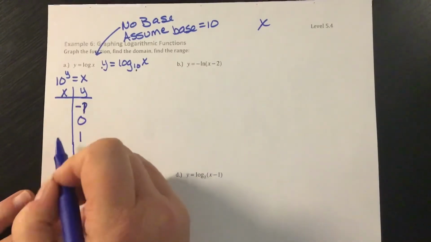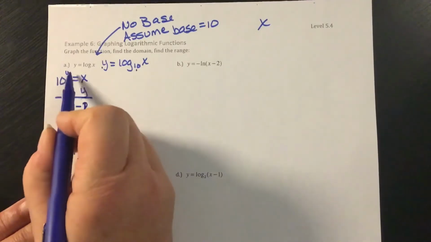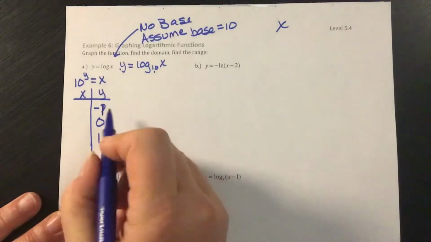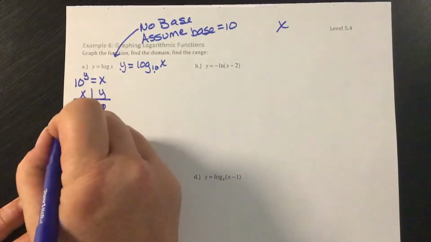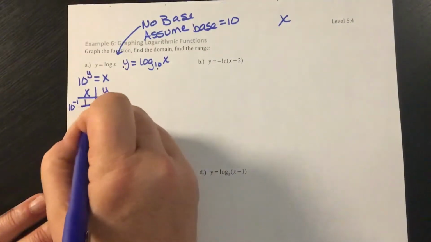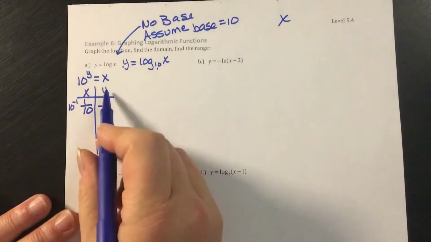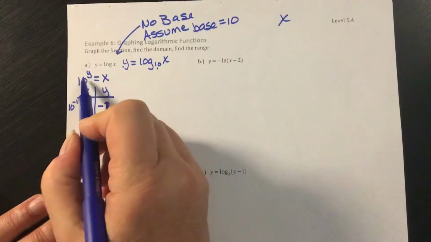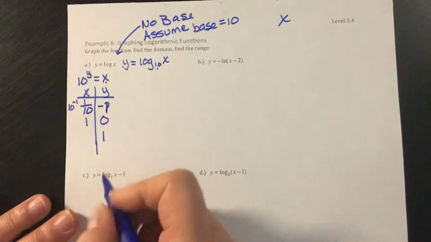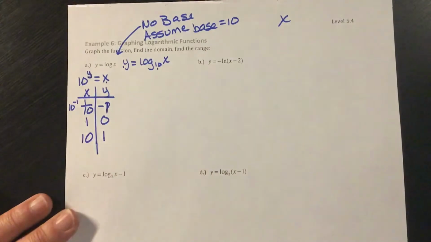Now remember, we're usually choosing values for x, but these are the values that I'm going to plug into my equation to find x. So if I plug in -1 here, I have 10 to the negative first power, which is 1 over 10. If I go to a y value of 0, I have 10 to the 0 power is 1, so x would be 1. And if I plug in a 1 here, 10 to the first power would give me 10.